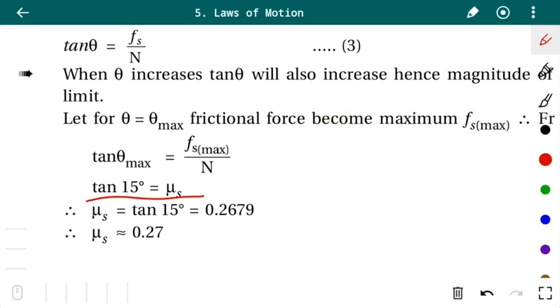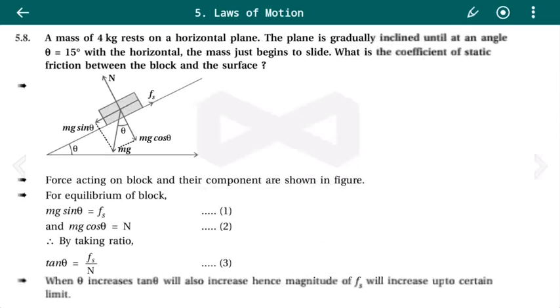So here theta is 15 degree, so tan 15 degree equals mu s, and tan 15 degree value is 0.2679. When we round off, we get its value as 0.27. So mu s equals 0.27, that is the coefficient of the static friction is 0.27. So students, you may note down this numerical.